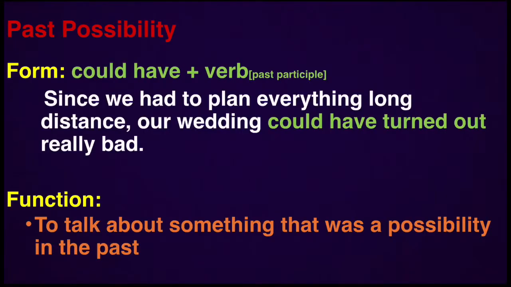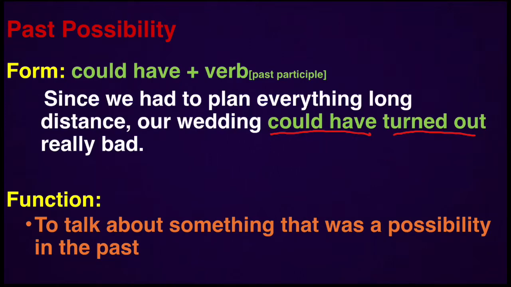So could have, we use this to talk about past possibility. For example, since we had to plan everything long distance, our wedding could have turned out really bad. So could have, that's our modal, and then turned out, that's the main verb. So turn out means to result, to have a specific result. So it could have turned out really bad, which means that it didn't actually turn out bad.